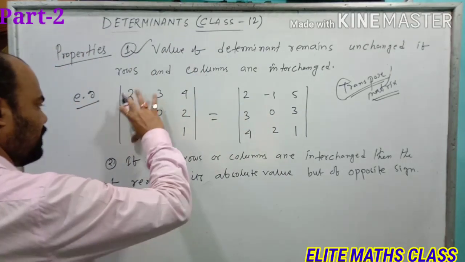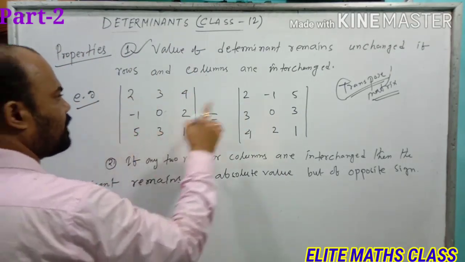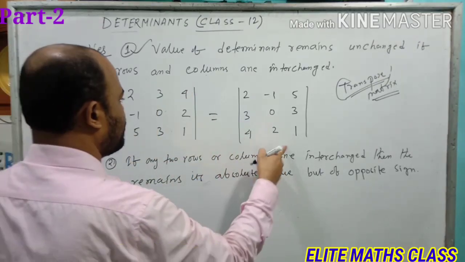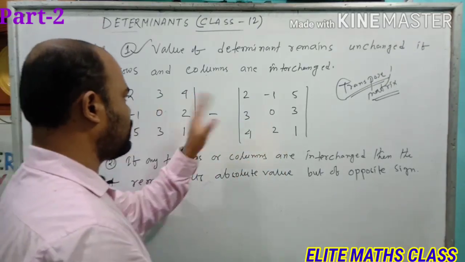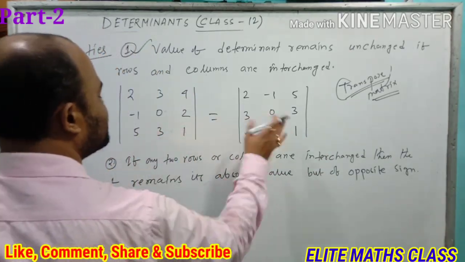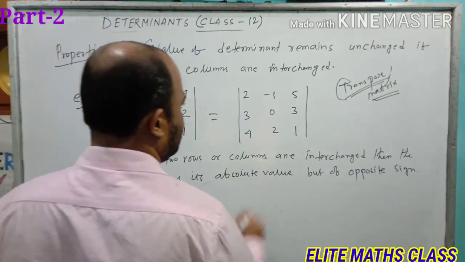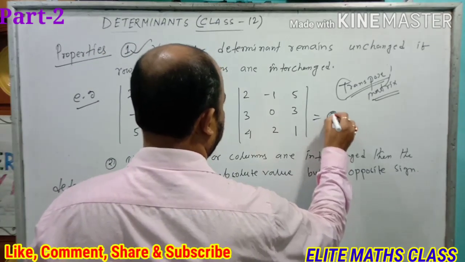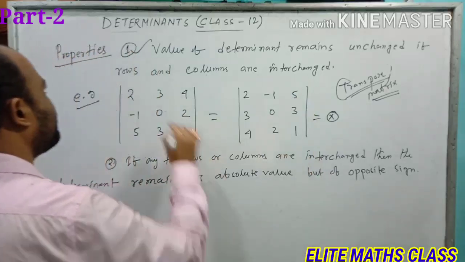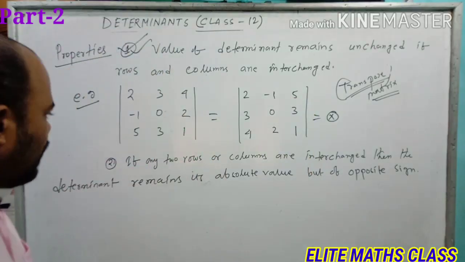Automatically columns change to rows and rows change to columns, but in both cases the value is the same. If it is 15, then the value of this determinant is also 15. So property 1 is clear.